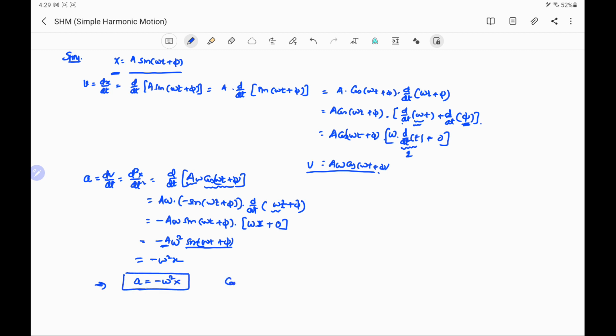And this is the condition for a particle in oscillatory motion to be a simple harmonic motion.